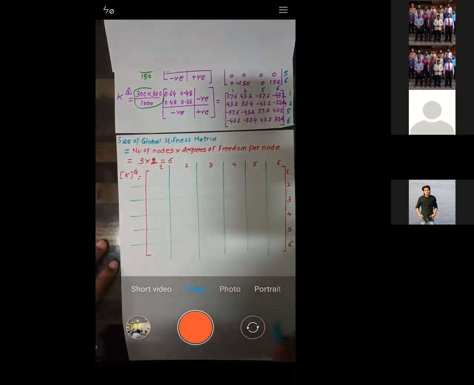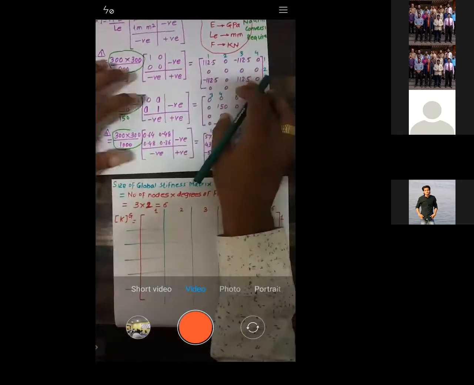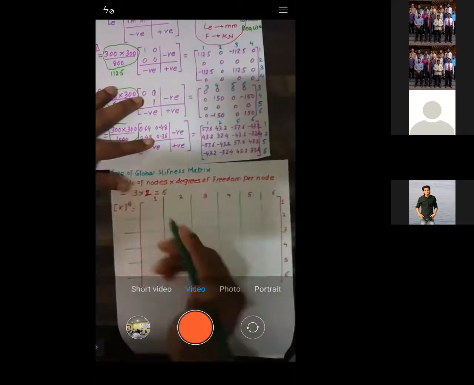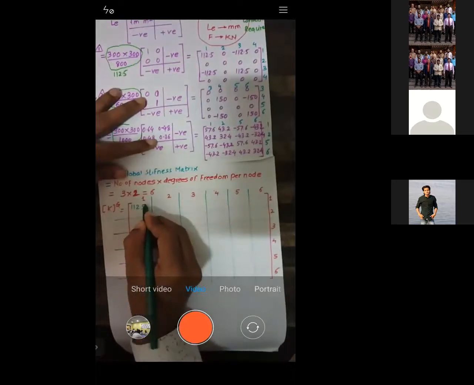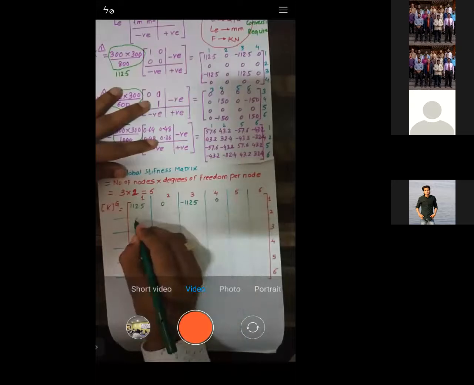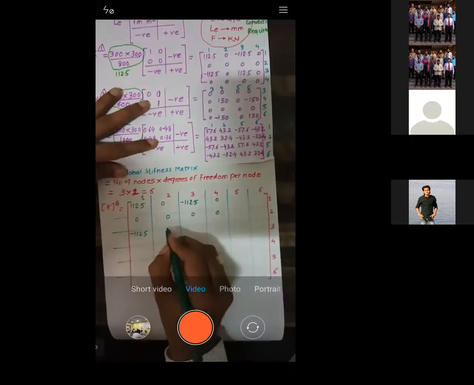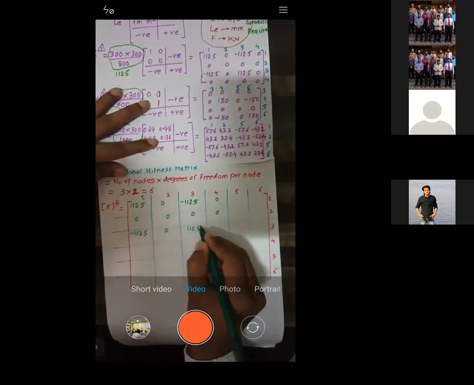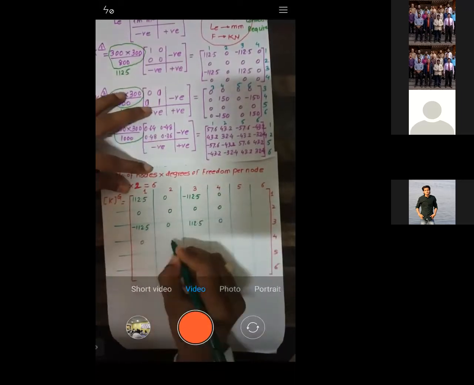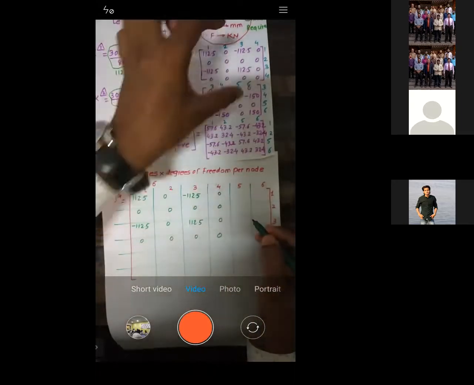Right, now let's start placing the elements. Let us start with this one, 1, 2, 3, 4. Write down the starting element. It's straightforward: 112.5, 0, minus 112.5, 0, 0, 0, 0, 0, minus 112.5, 0, 112.5, 0, 0, 0, 0, 0. Simple. Just pick it and place it.